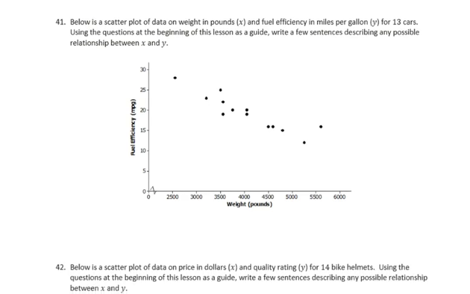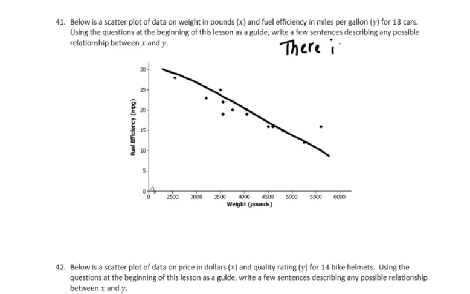41, based on the scatter plot of the data on the weight in pounds and the fuel efficiency in miles per gallon for 13 cars, using the questions at the beginning of the lesson as a guide, write a few sentences describing any possible relationship between X and Y. So in this case, is there a relationship? Yes. And it's a negative relationship.